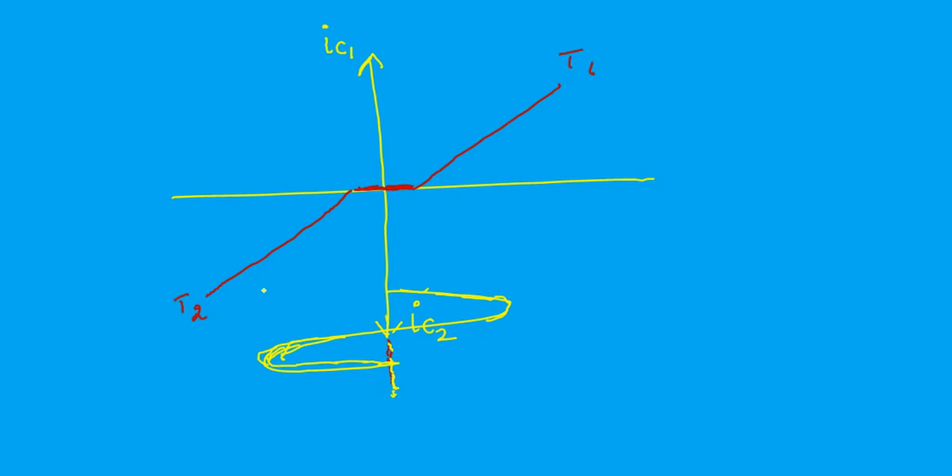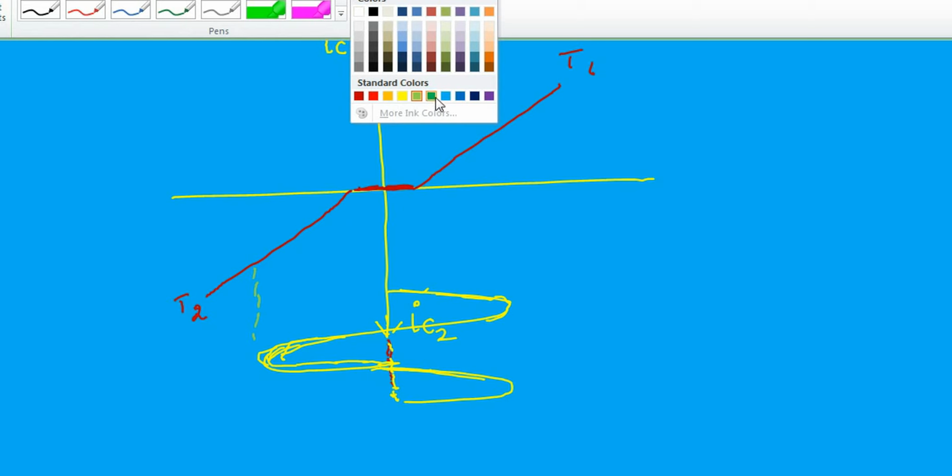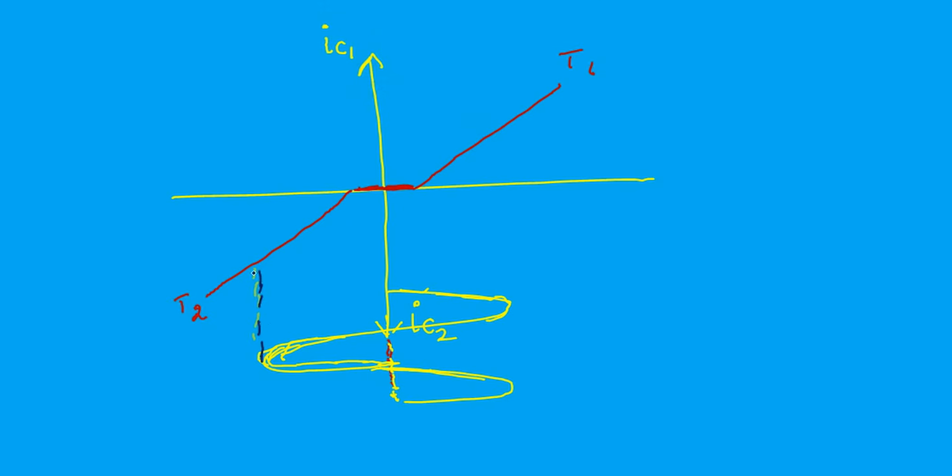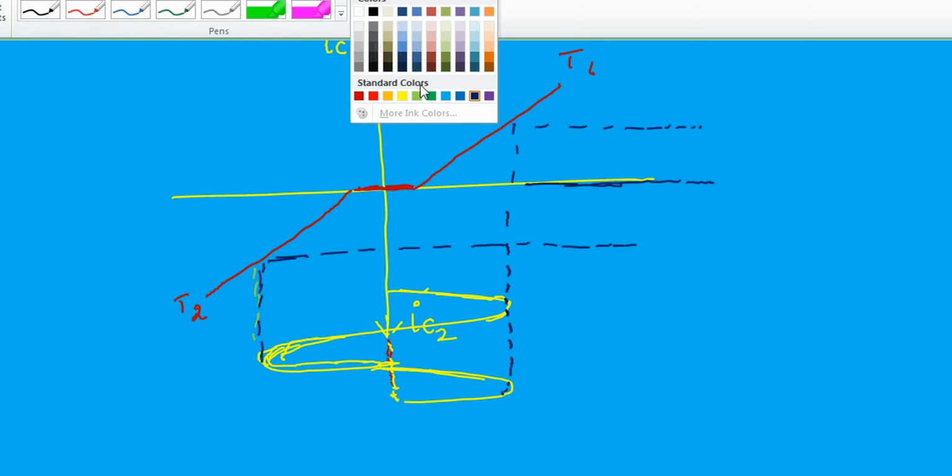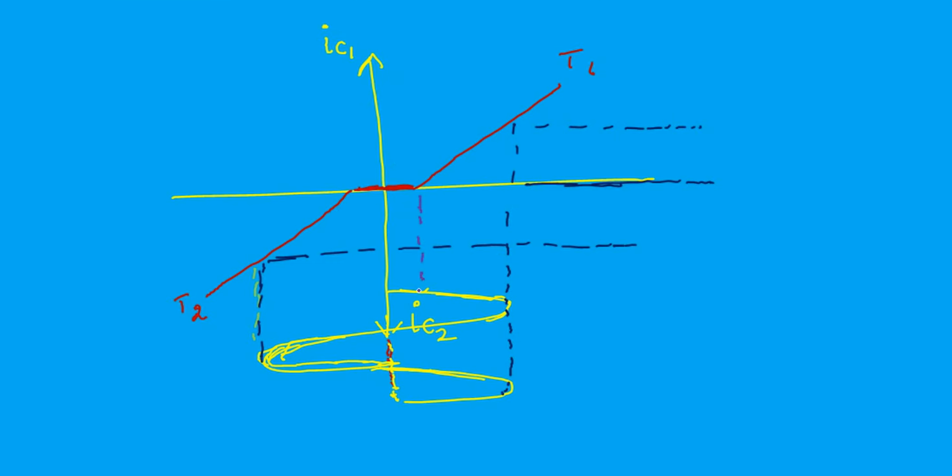This is the signal. Signal is varying like this. Now here there is a problem, because for some part there is no collector current.